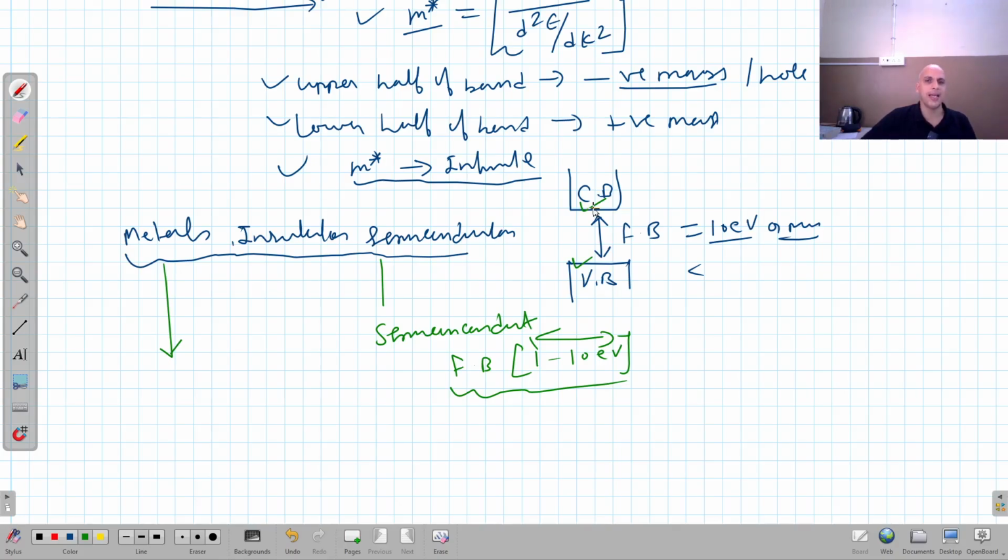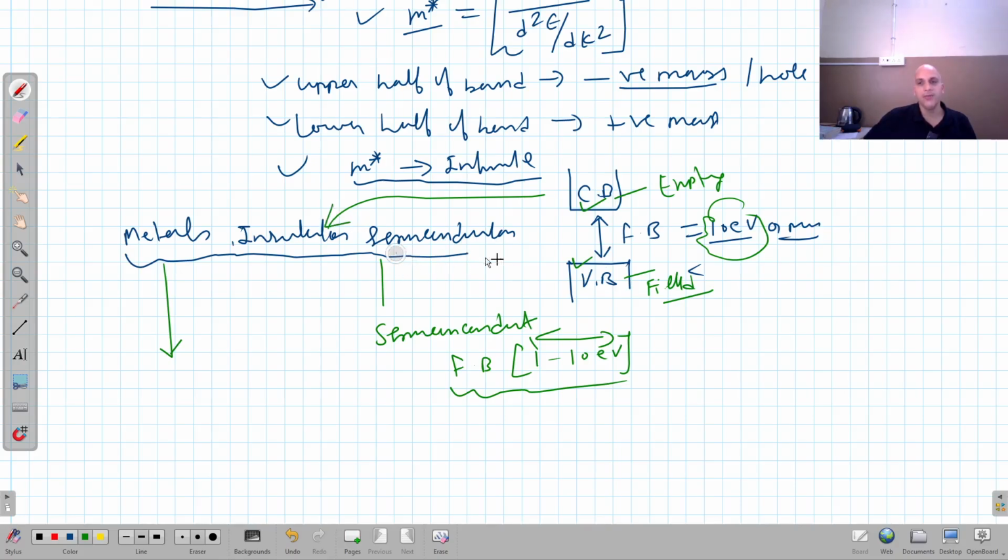We can also say that in the case of insulators, all the bands up to the valence band are completely filled and all the bands above this band are completely empty, right? The gap between these two is of the order of this. This is the situation of an insulator, right?